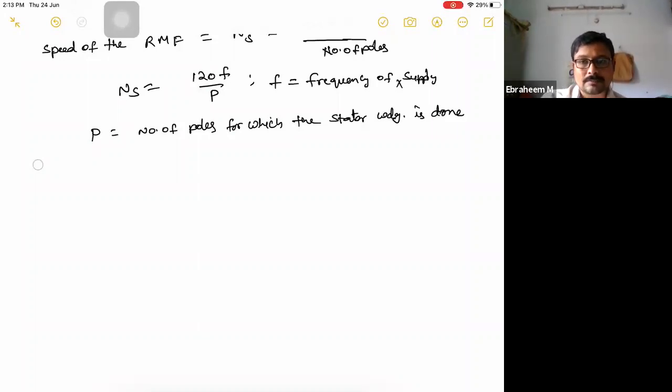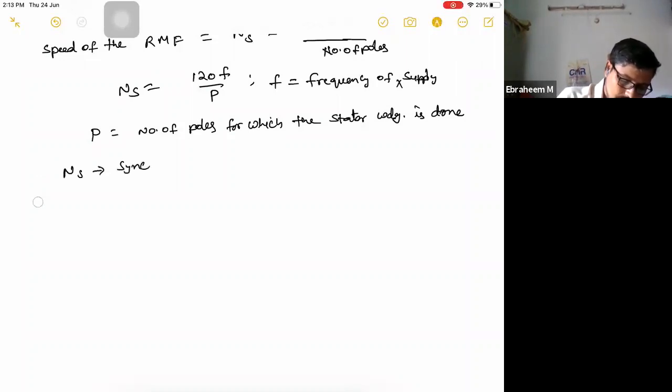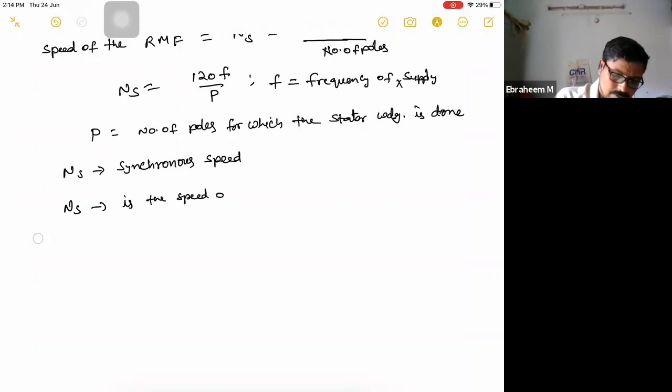So that is the speed, given by this formula. ns is also called synchronous speed. It is the speed of the rotating magnetic field.